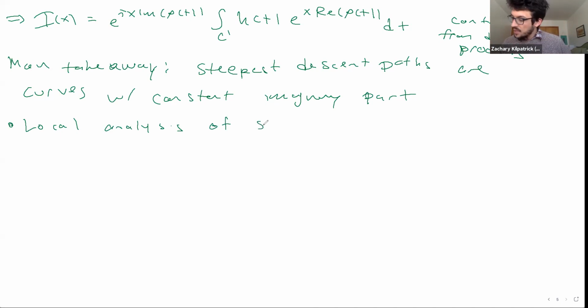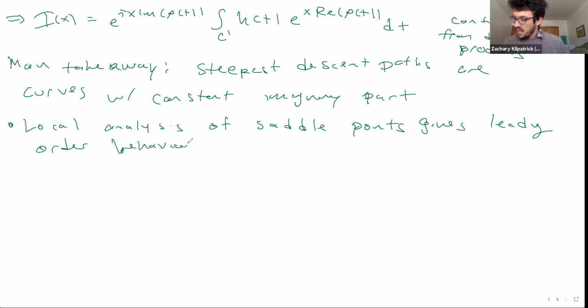So a local analysis of saddle points is going to give the leading order behavior, okay?